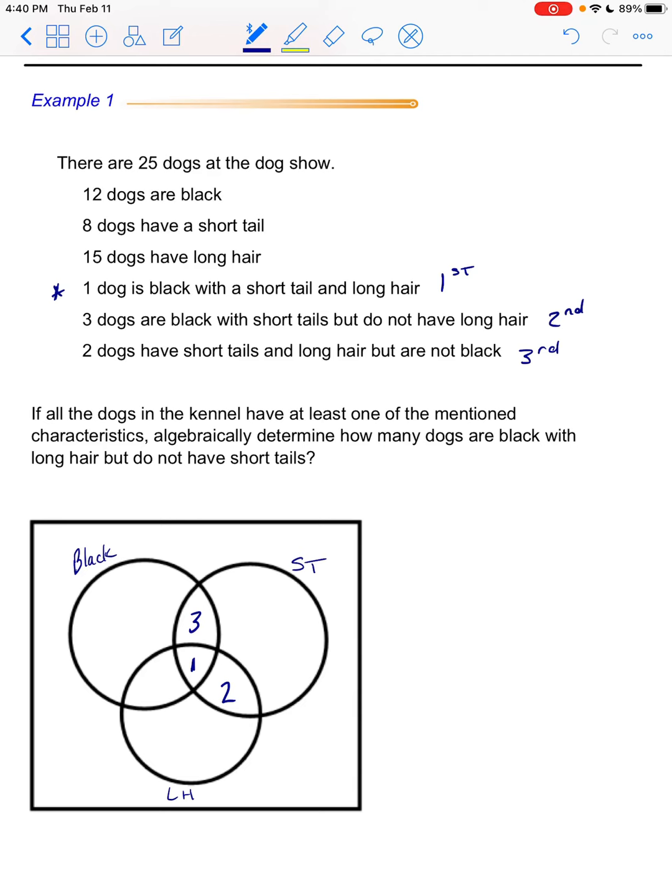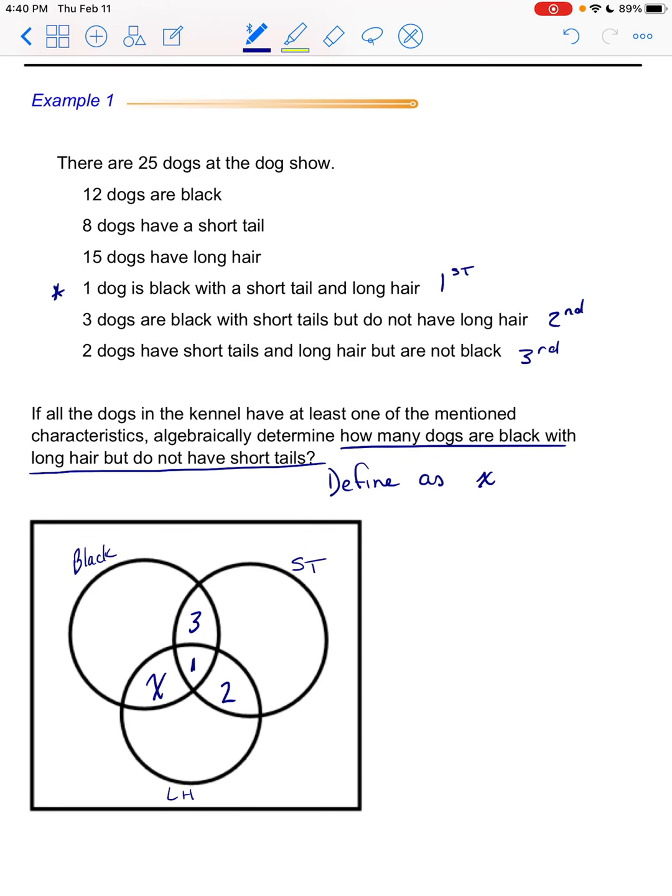So now we kind of need to know what would be in the next intersection, but that's what this problem is asking us to find. It says algebraically determine how many dogs are black with long hair but do not have short tails. So that's what we don't know. So we're going to define this as x.